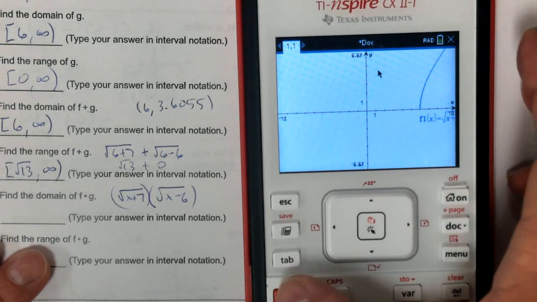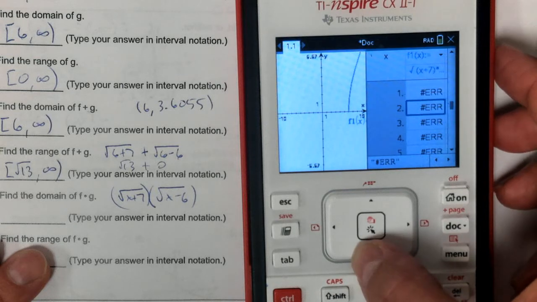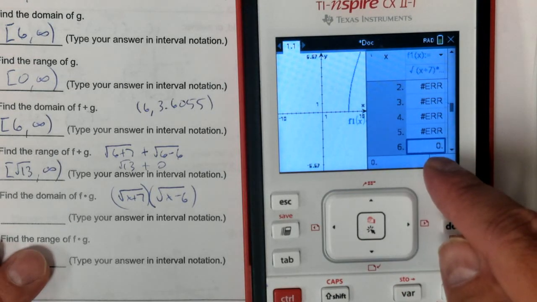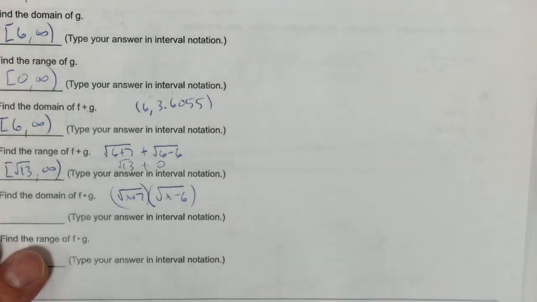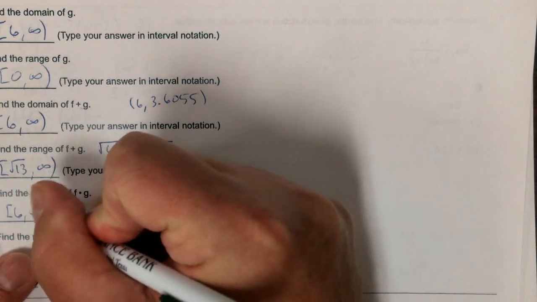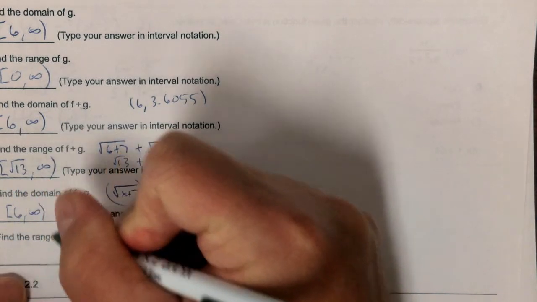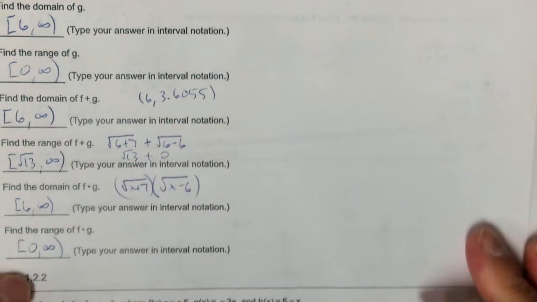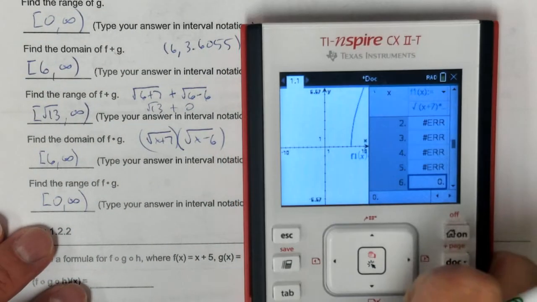Okay, so it looks like it's 6 again. Okay, sure enough. So it's 6 comma infinity. And 0 comma infinity, because it included 6 0.